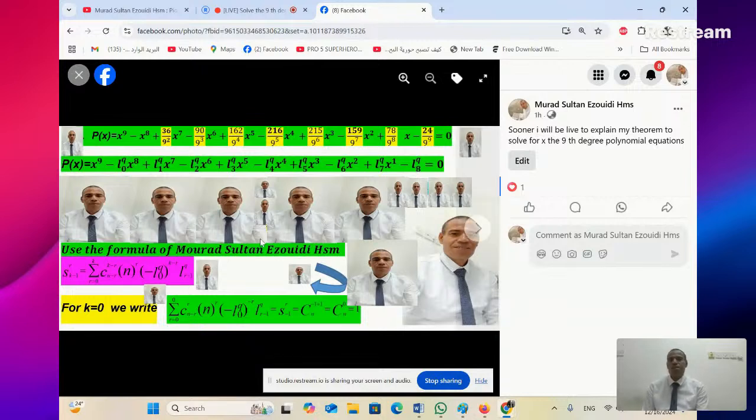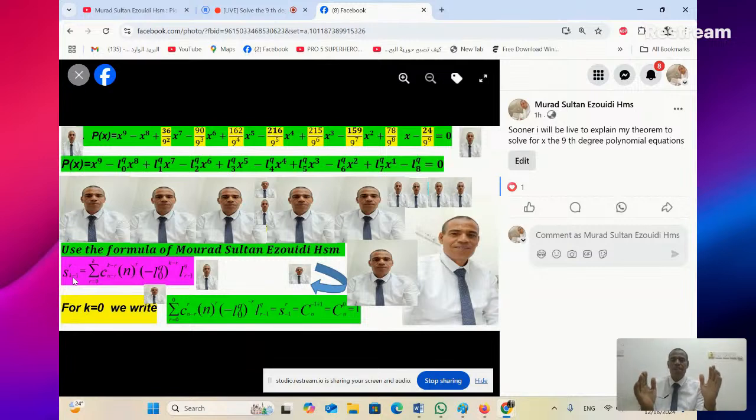Here, as you see, we will use the discrete formula of Mr. Murad Sultan Ezouidi. It means that for every k that belongs to the set of numbers from minus 1 to 8, I'm going to find s minus 1, then s1, then s2, then s3, then s4, then s5, then s6, then s7, then we should find s8.